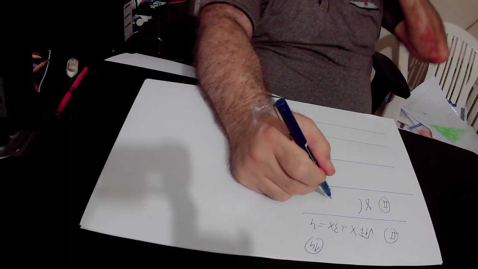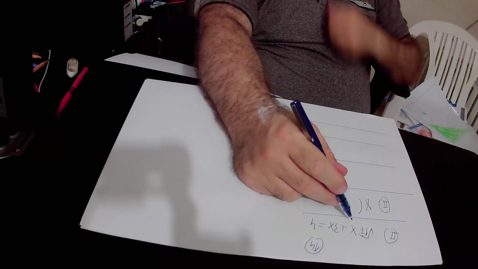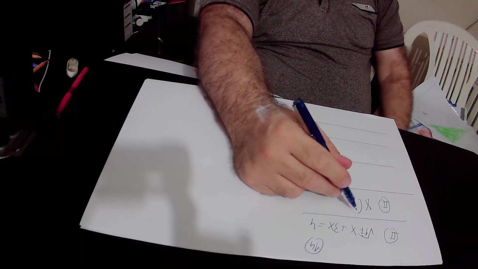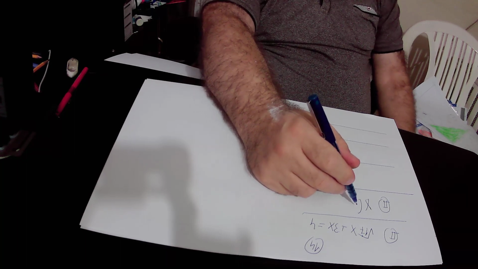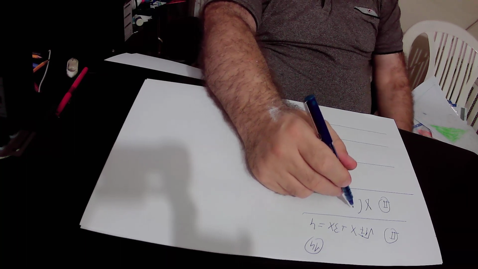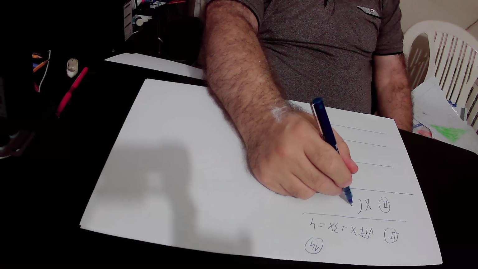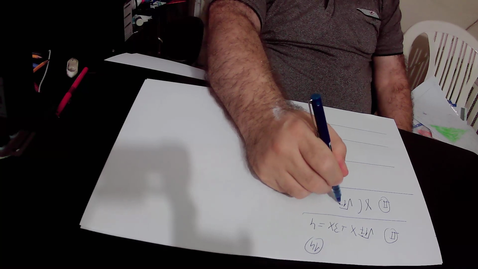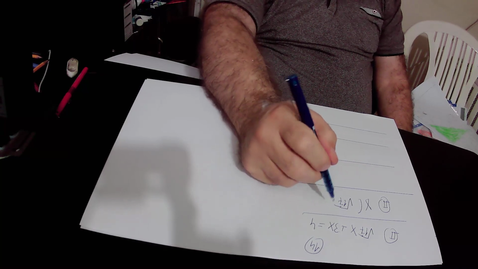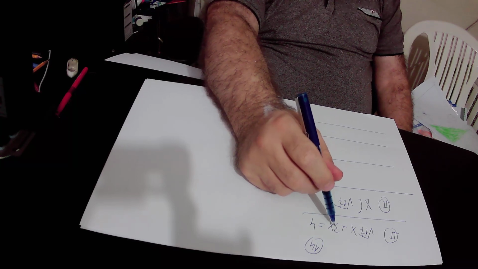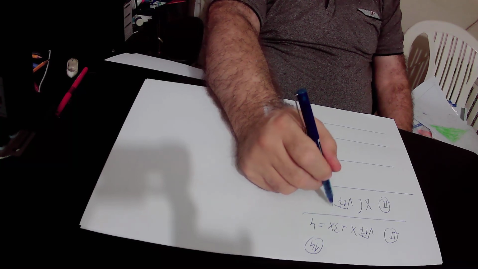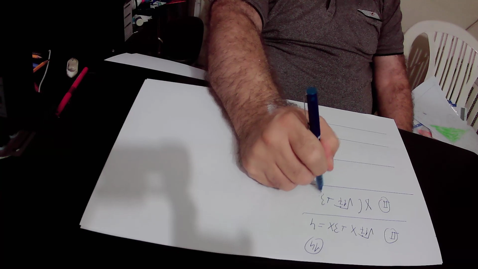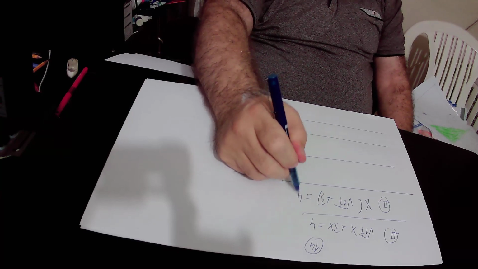Inside the brackets, what is left from square root of 17 x is square root of 17, and what is left from 3x is 3, and it equals 4.